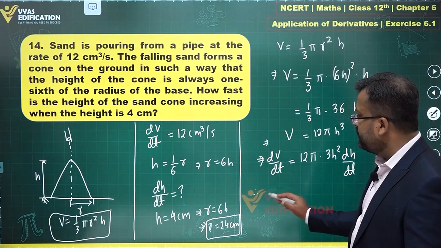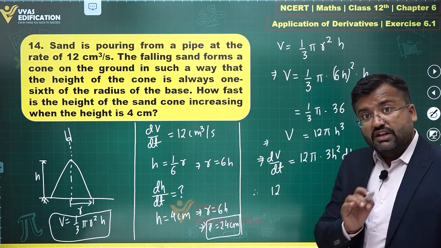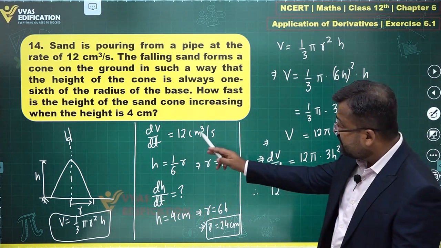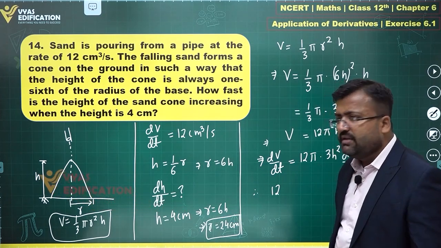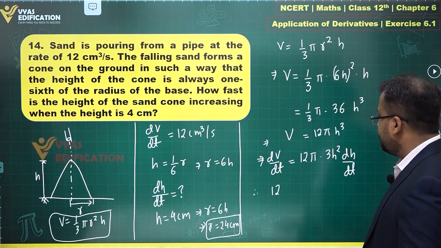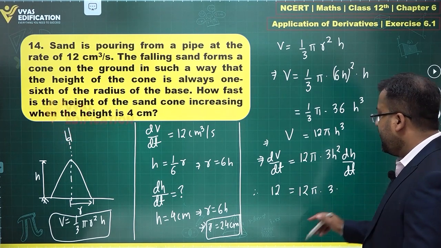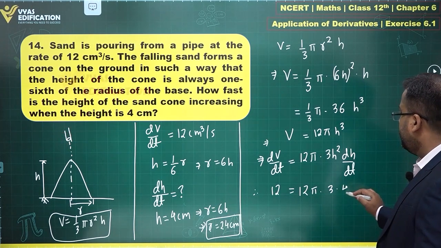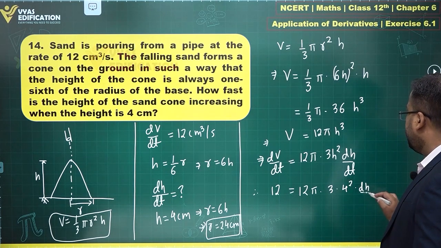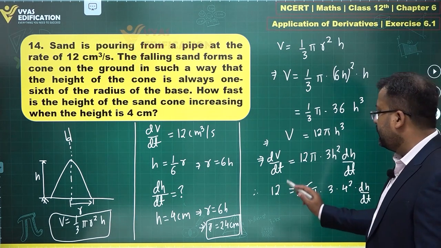Therefore, let's substitute the values. This is 12. Consistency of units has to be maintained. Length is in centimeter, those are the only units given. Time is in seconds. So 12 will be equal to 12 pi times 3h square, which is 4 square, times dH by dt. This 12 goes with this 12.